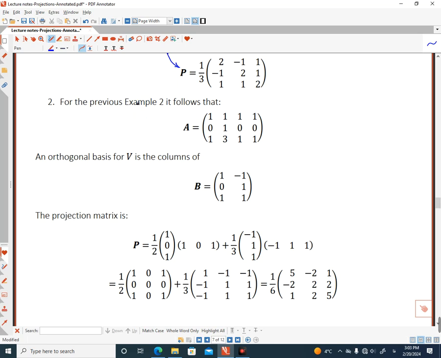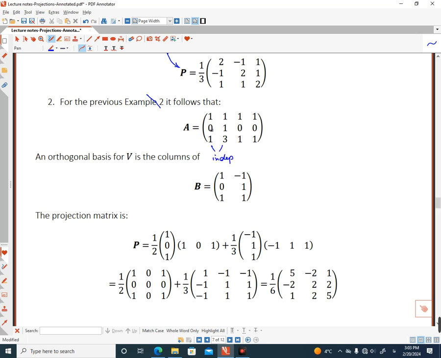So we can skip this example too. Suppose that you are provided with this A matrix, and we look for an orthogonal basis for V. First of all, note that according to the previous note that we had, these two columns are independent.